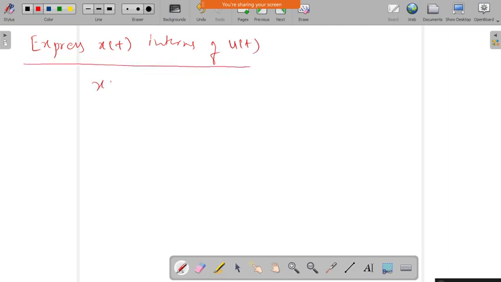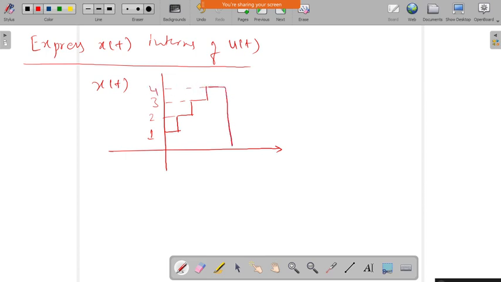Okay, so x of t is given like this: it is 1 here and then 2 here, then 3 here, then 4 here. So here it is 1, 2, 3 and then 4. This is the x of t which is given, and now we need to express this in terms of u of t.